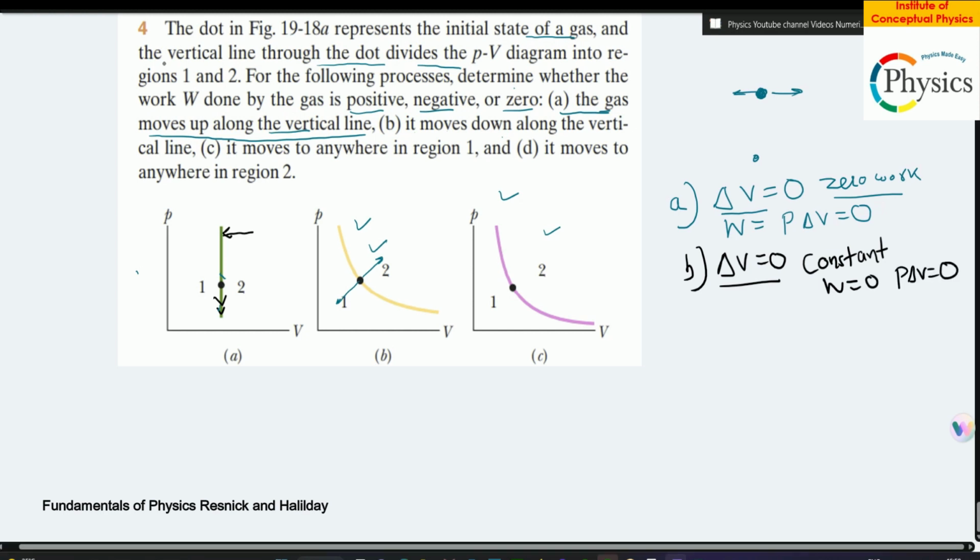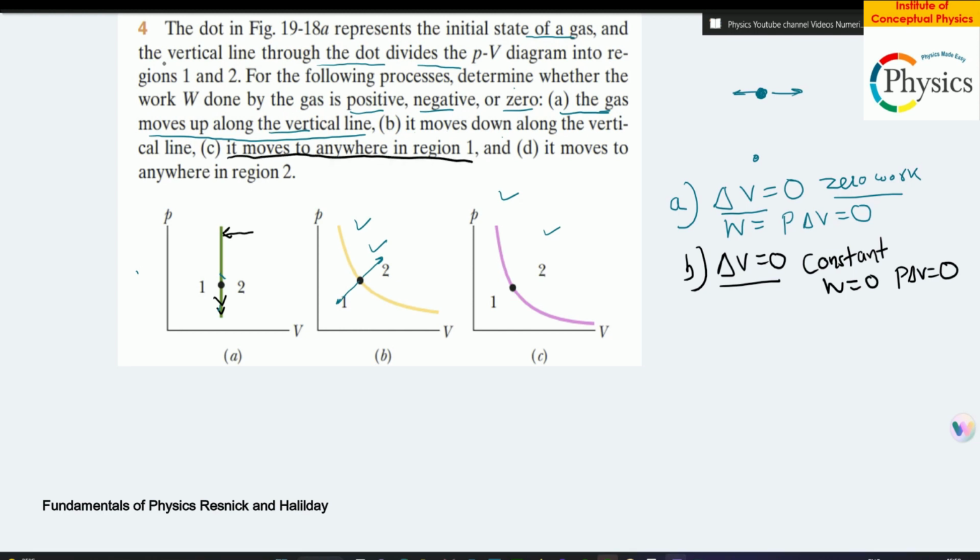Let's talk about situation number C. All right, it moves to anywhere in region 1. So let's say this particular case, it moves to region number 1. If it moves to region number 1, do you see that the volume which is here becomes this. So overall, if you see the gas movement, right, the volume reduces, it's leftward.